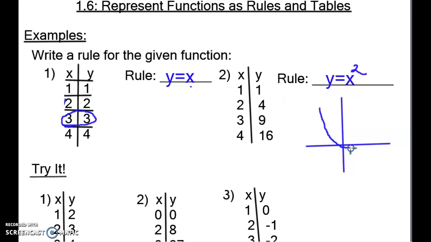It would start off at a very large point in the negative direction, slowly dip down to 0, then it would start going back up in the y direction. This would be the graph for this, and for this it would look something like this.